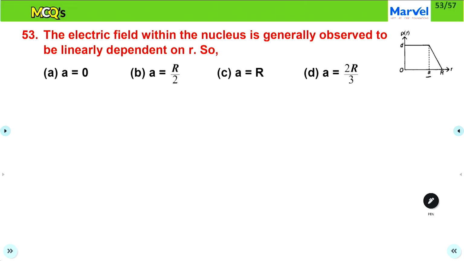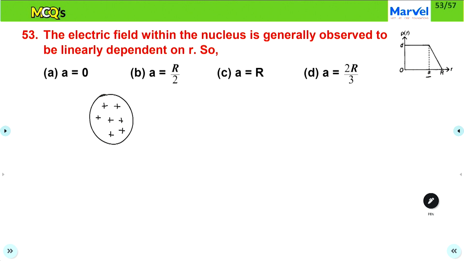Yes, now, in this case, it is given that the electric field within the nucleus is generally observed to be linearly dependent on r. Instead of just looking at the graph, we will approach it in a general method. Here we have to treat the whole thing like a solid charged sphere, because the nucleus looks spherical and has totally positive charge even inside the sphere, right?